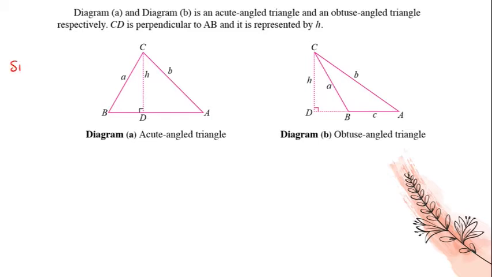The formula for sine is the ratio of the length of the opposite side divided by the hypotenuse, which is SOH.